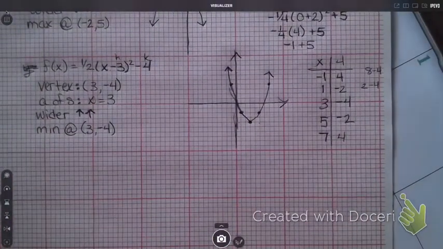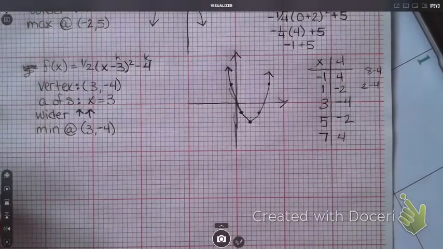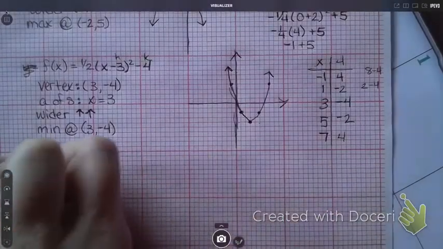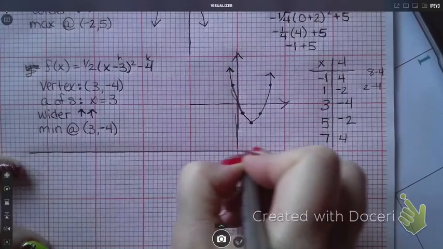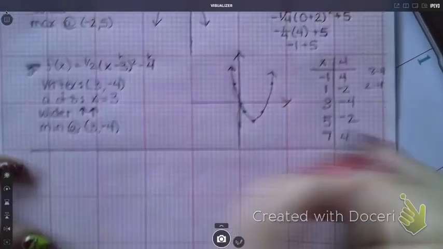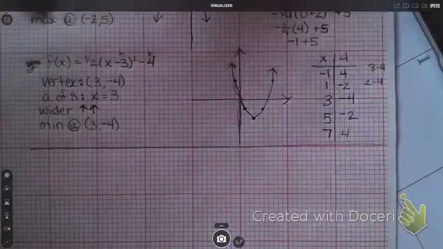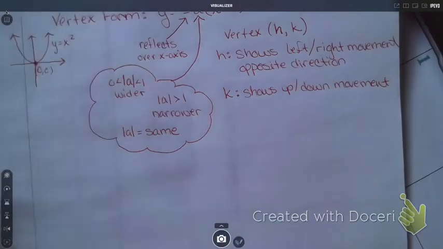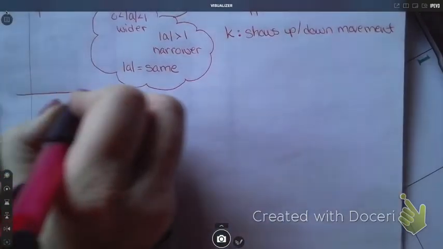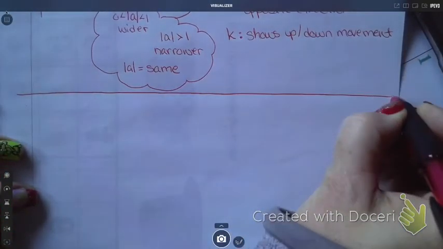Yes, no, maybe. Okay, so these were vertex form. Now I'm going to go back to my sheet, and we had the title was vertex form and intercept form, right?